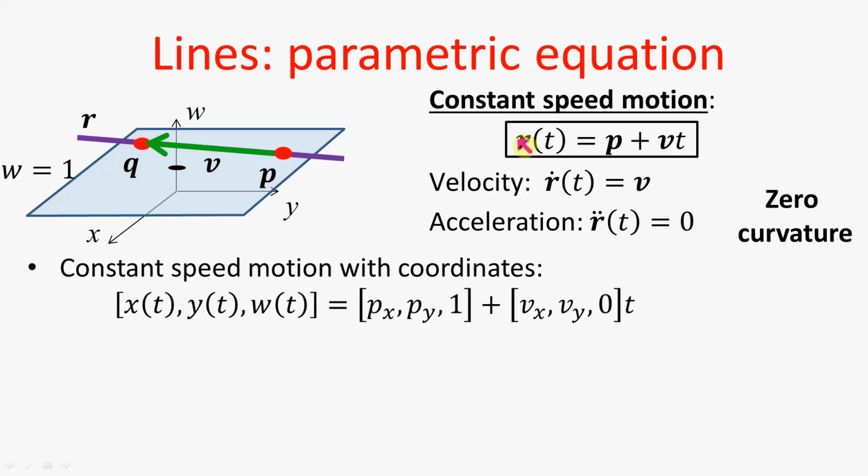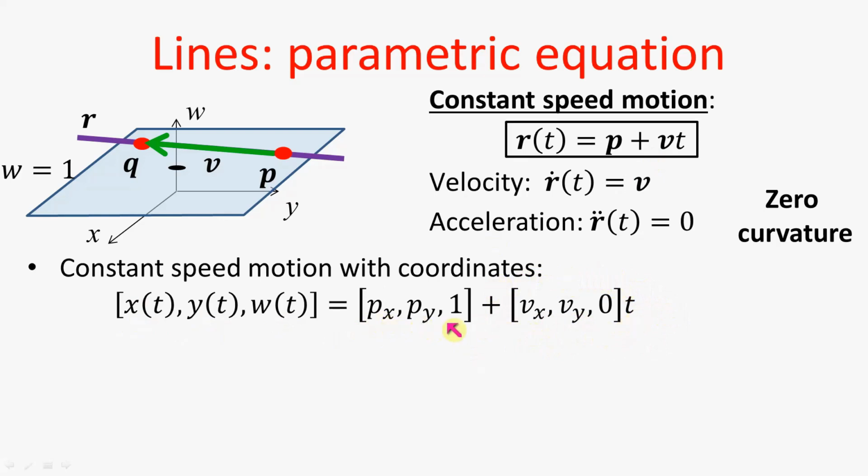The line can also be expressed with coordinates. So points have three coordinates that can be functions of time. And according to the definition of the constant speed motion, we separate it into the starting point, p, and a time-dependent term, which is just the velocity multiplied by the time.